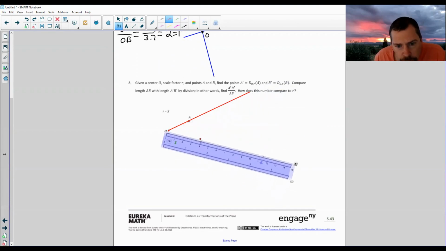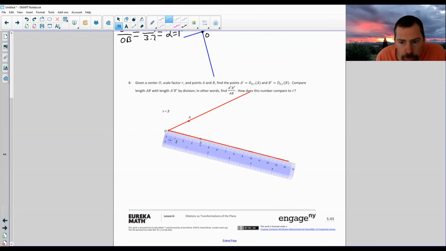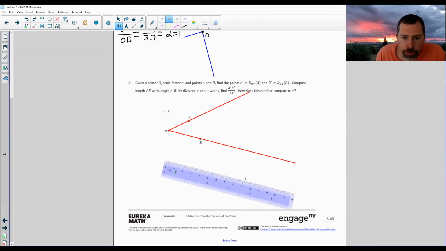Rotate it so that it's lined up, like so. A little bit, there we go. And same thing, draw a segment from O through B. All right, so there are our two rays.